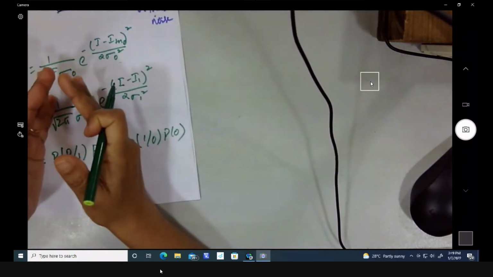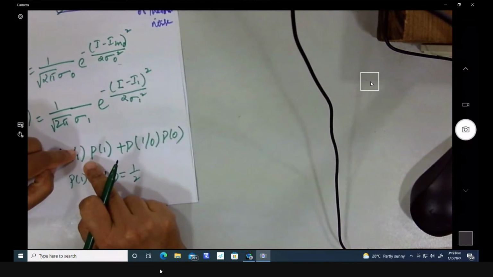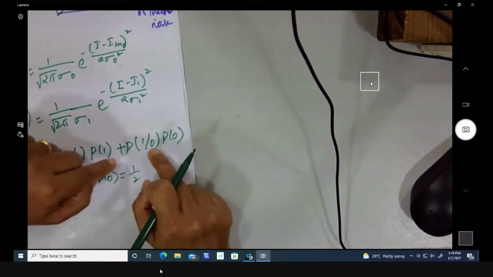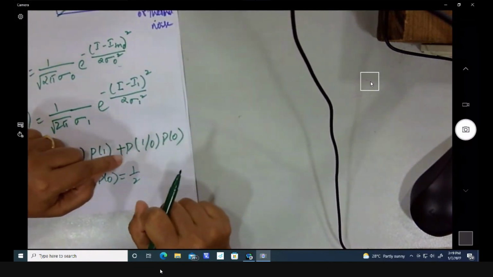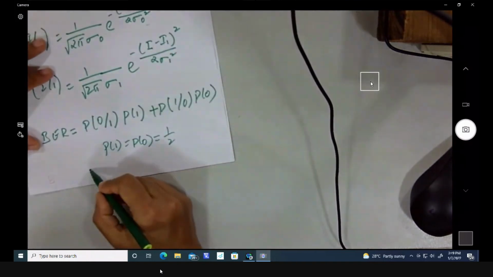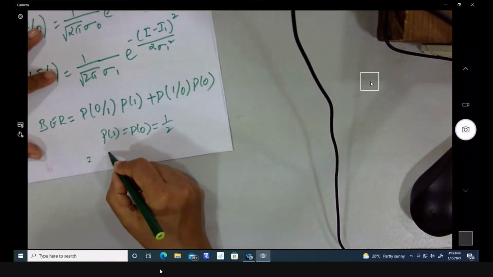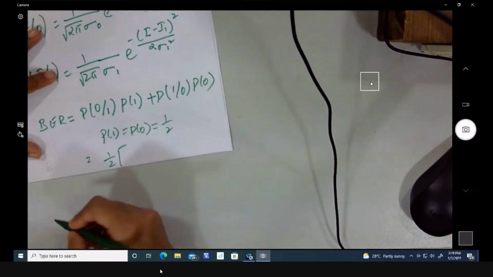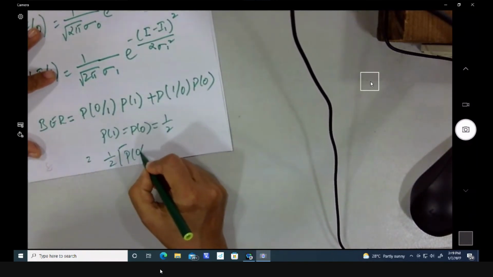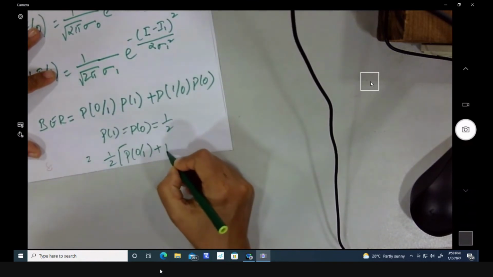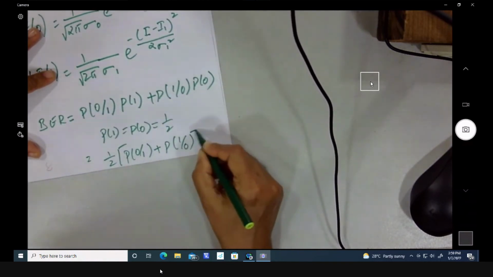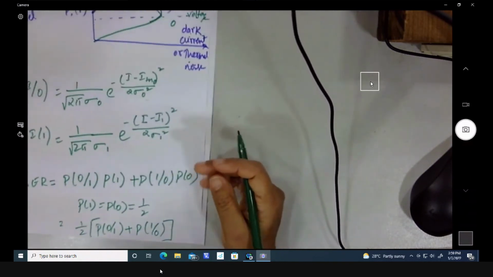So this is detection of 0 in a 1 value, and here detection of 1 in 0 bit transmission. So here the probability is equal to 1 by 2. So we can write 1 by 2 outside: P of 0 given 1 plus P of 1 given 0.